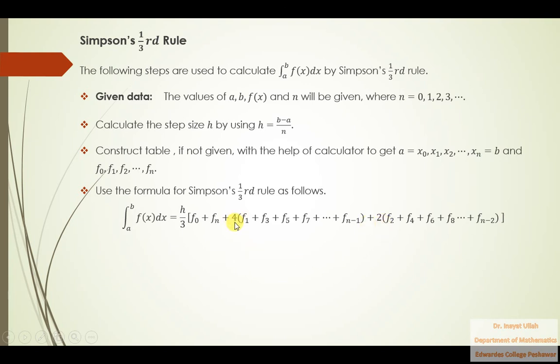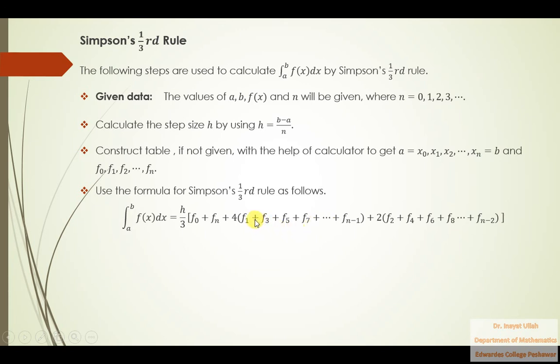4 will be multiplied with the sum of those function values whose subscript is odd. You see, 4 is multiplied with f1 plus f3 plus f5 plus f7 plus f9 plus f11 and so on.